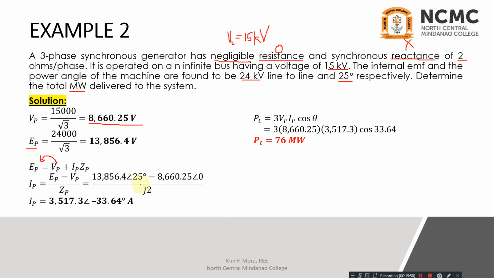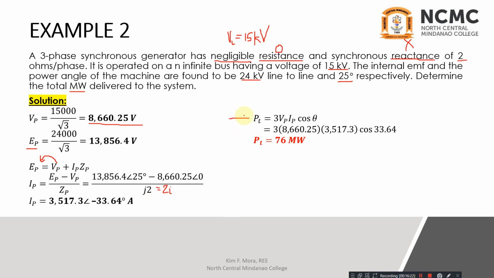Solving this, again, in the calculator you write it as 2i, and your calculator mode should be in degrees. So solving this, we have the answer for our IP, or current per phase, equal to 3,517.3 angle negative 33.64. After that, we substitute that into our formula.